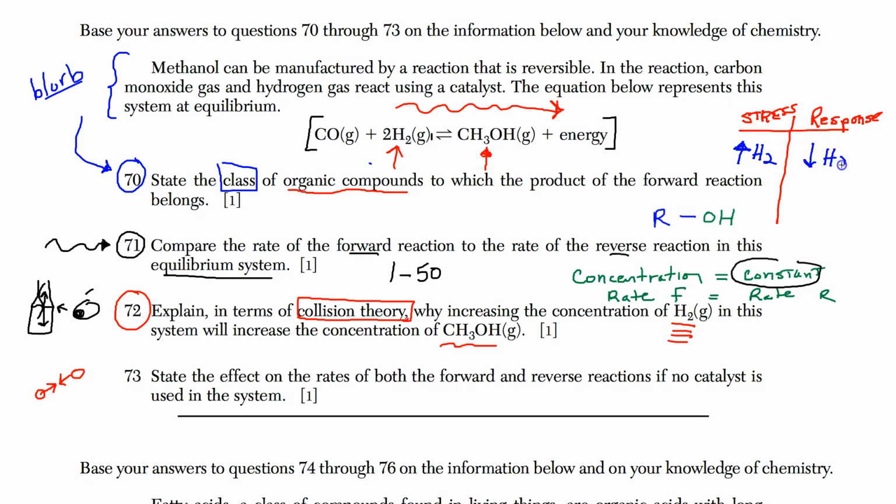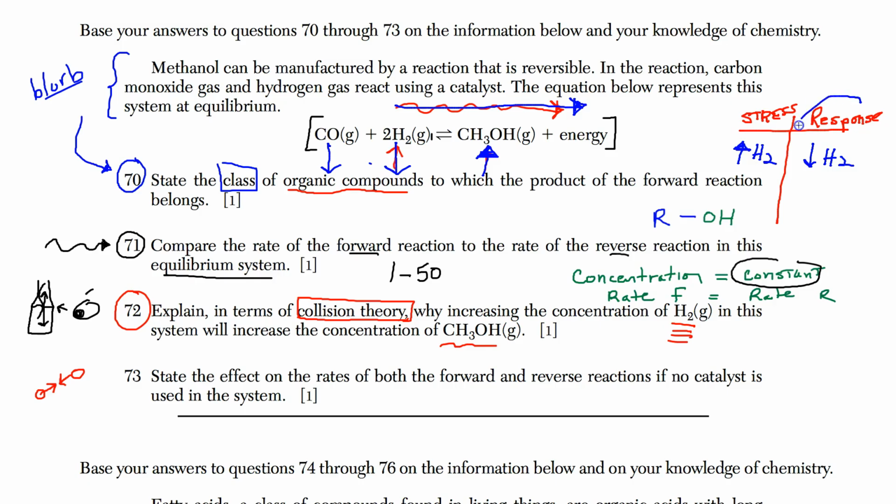And how does it decrease H2? It's going to make the reaction go in the forward direction faster than the reverse. So there's a shift to the right. And so if you go forward faster than the reverse, you're going to use up CO2. You're going to use up the extra H2 and you will make more product. So that's kind of a way to think about it.